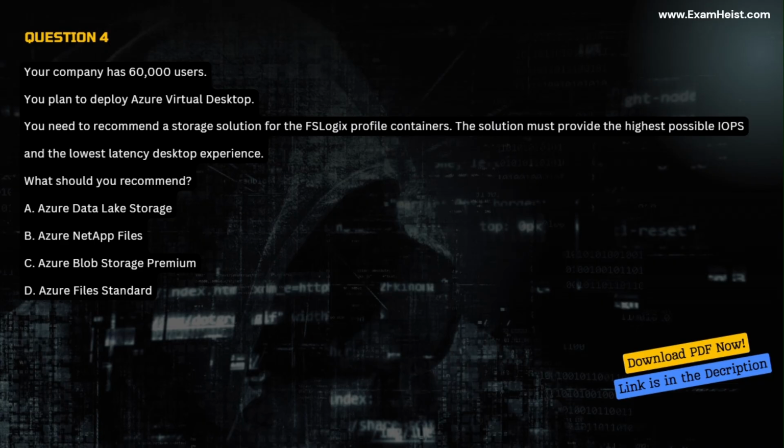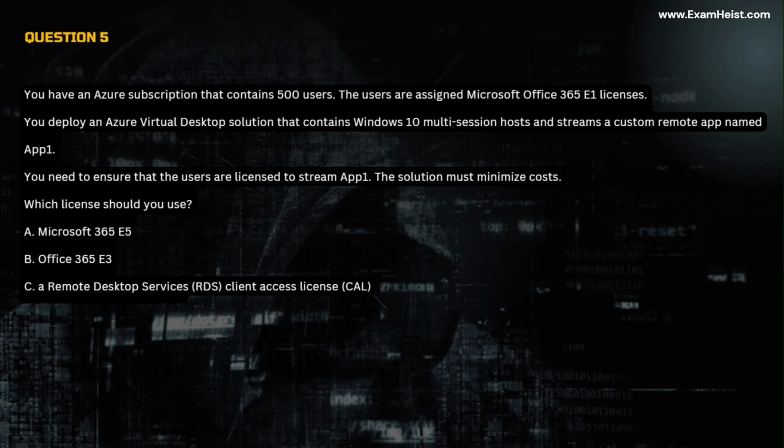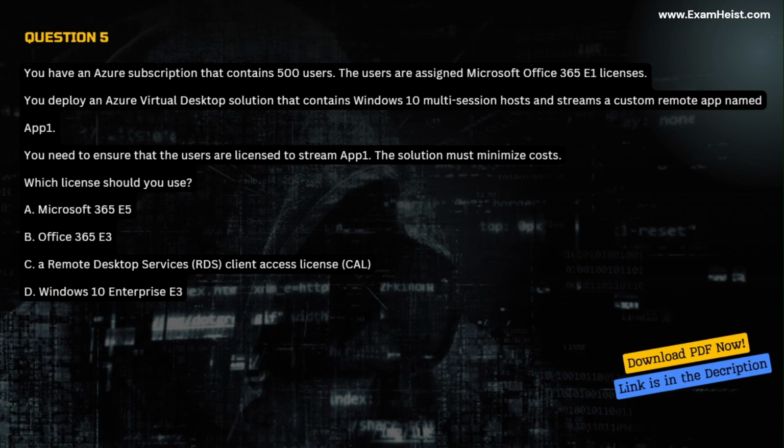C. Azure Blob Storage Premium. D. Azure Files Standard. Correct answer: B. Azure NetApp Files. Explanation: Azure NetApp Files delivers enterprise-grade performance with very high IOPS and low latency, making it ideal for FSLogix.